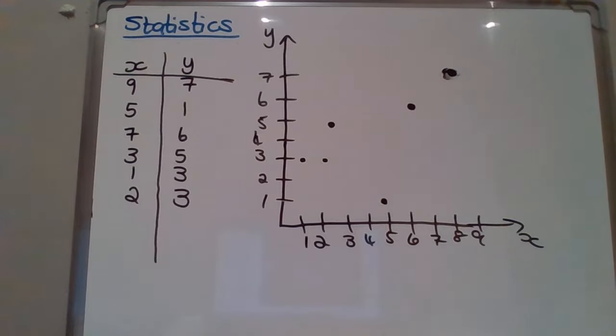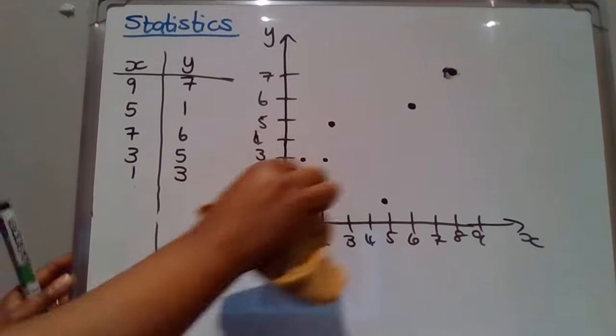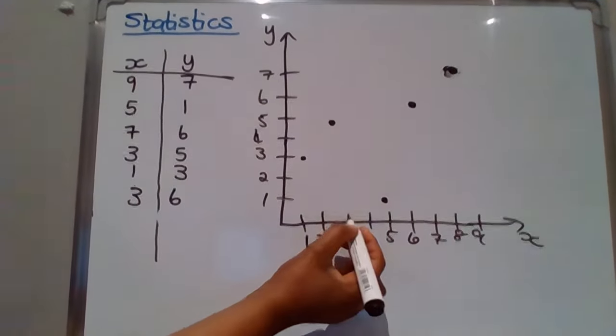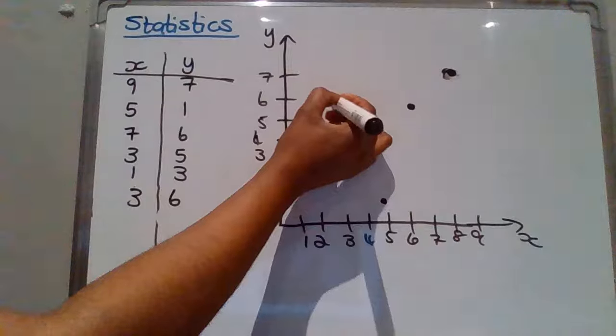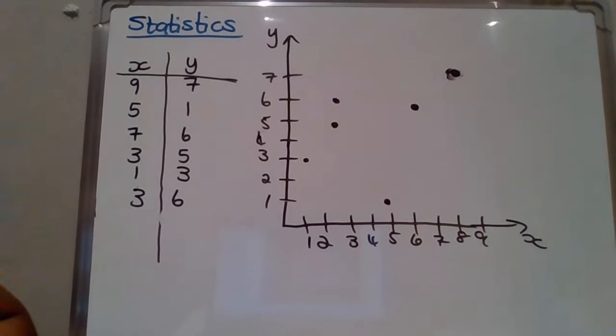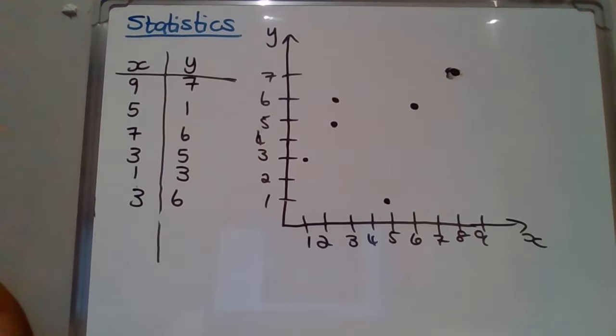So when you're looking at this observation, actually let's change it to 3, 6. So I have a 3 and a 6 there. When you're looking at these points on your scatter plot, you can intuitively see where the values are going.